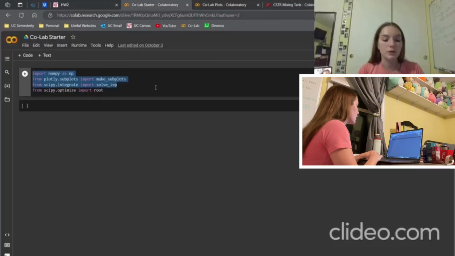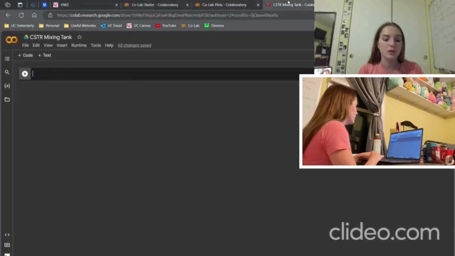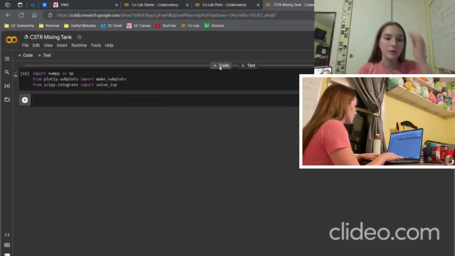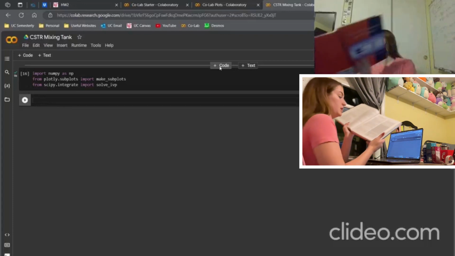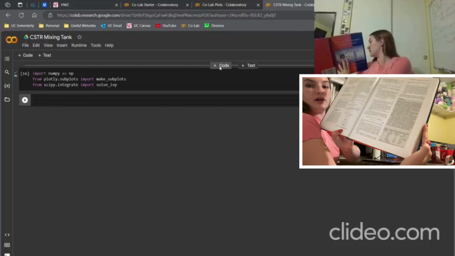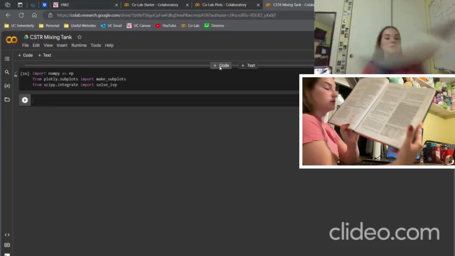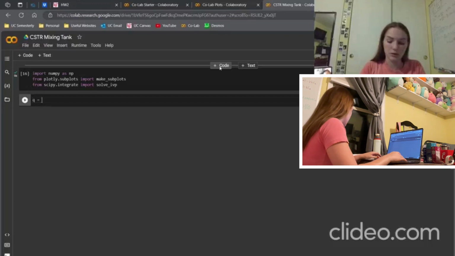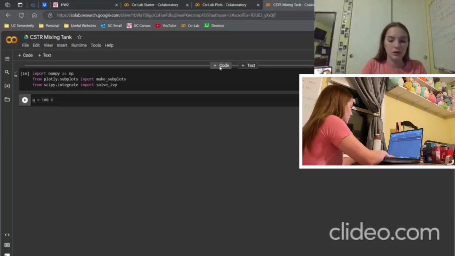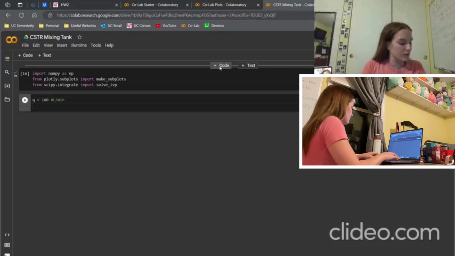Okay, so to start our code, we are going to import numpy, plotly, and our solve IVP. And then we are going to initialize all of the values that were given to us in our problem statement. So I have my book here that gives us all of the initial values down here. So we're going to enter all of those. So we have Q is equal to 100 liters per minute.